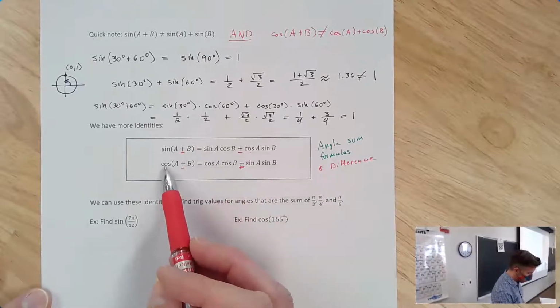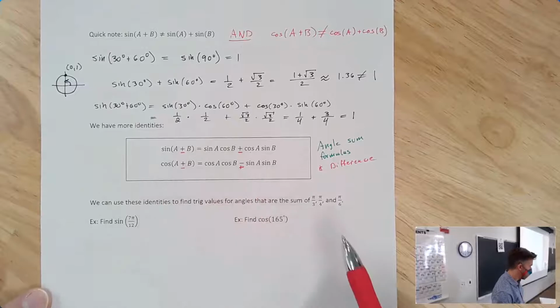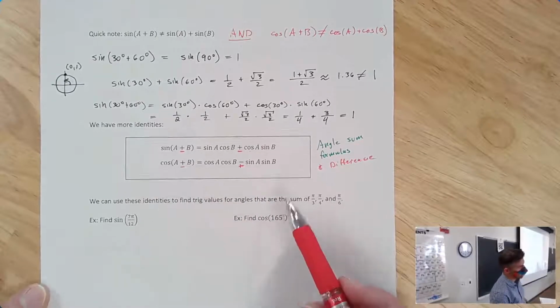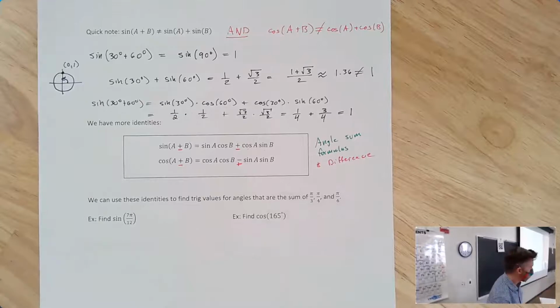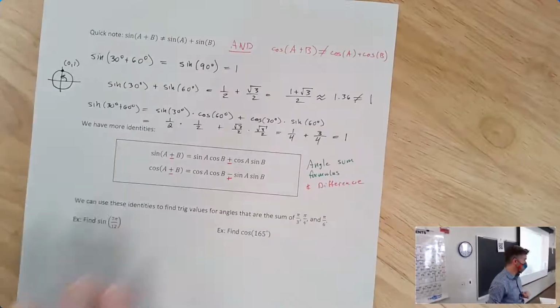And for the cosine function, the sign changes. Sine same, cosine change. I don't know, it works for me. Okay, let's go back to the question, Erica.